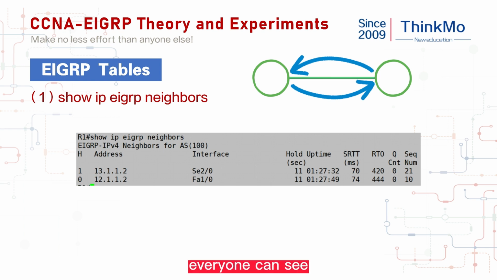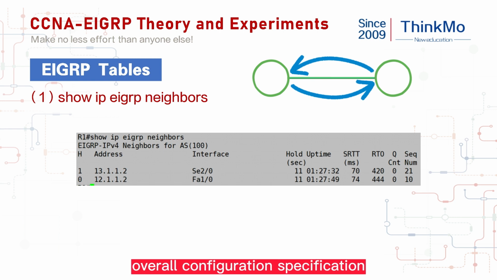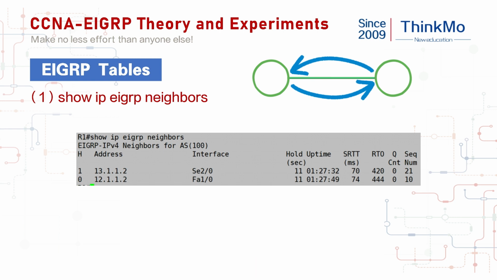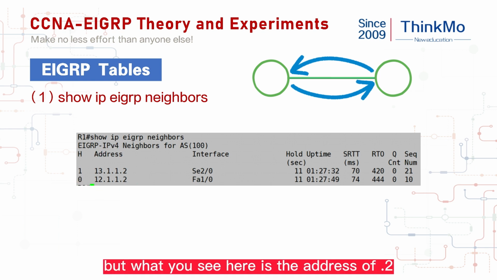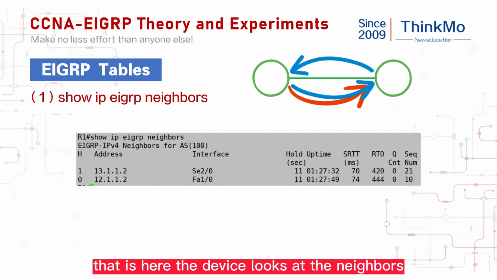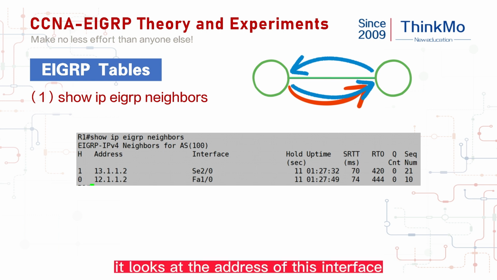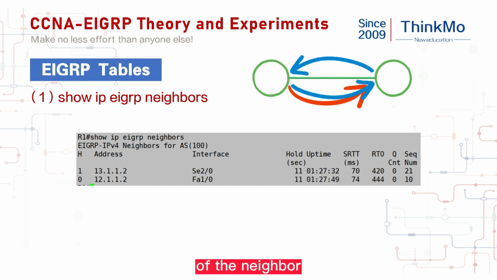Everyone can see, this device is R1. Then according to the current overall configuration specification, it should be XXX.1. But what you see here is the address ending in .2. That is, here the device looks at the neighbor's interface address.